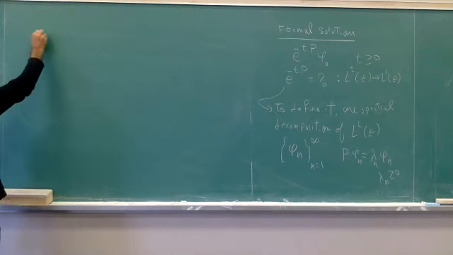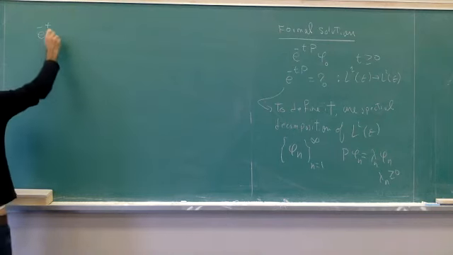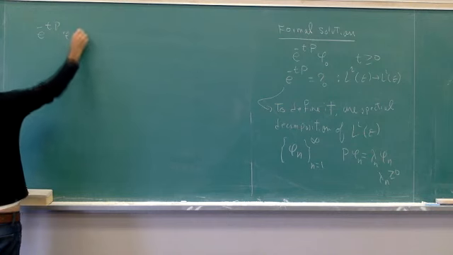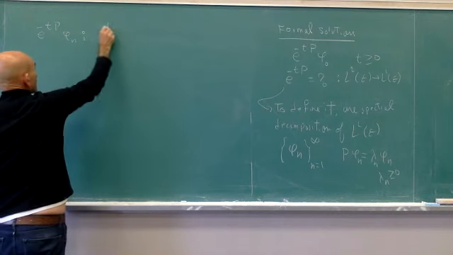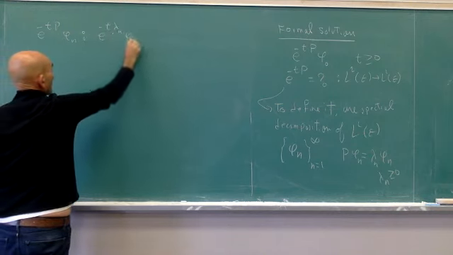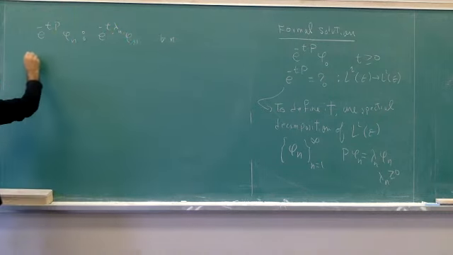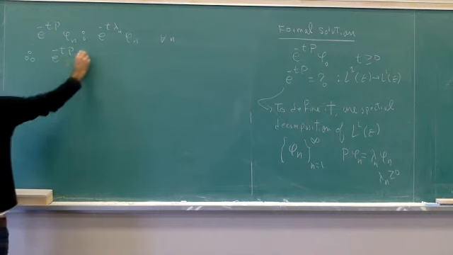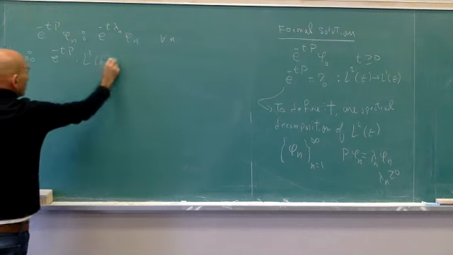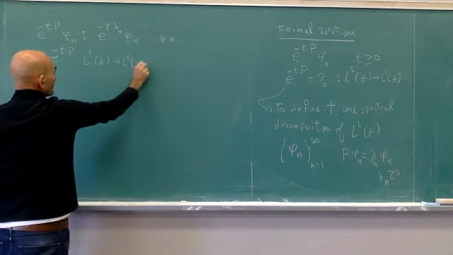So e to the minus tP phi n is defined to be e to the minus t lambda n phi n, over all n. This defines e to the minus tP from L2 of E to L2 of E.